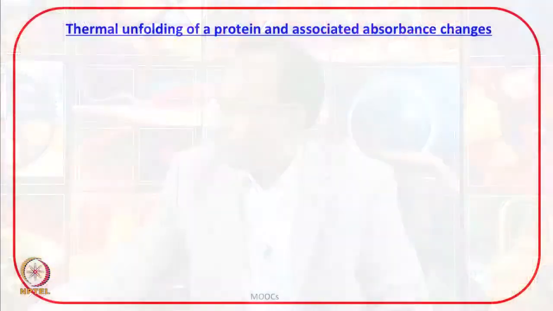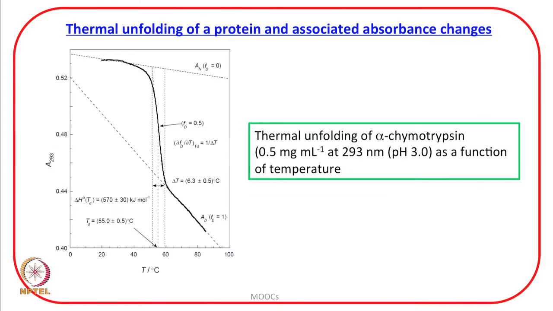Let us take a look at the UV visible study based thermal unfolding of a protein. This example is thermal unfolding of alpha chymotrypsin as a function of temperature.